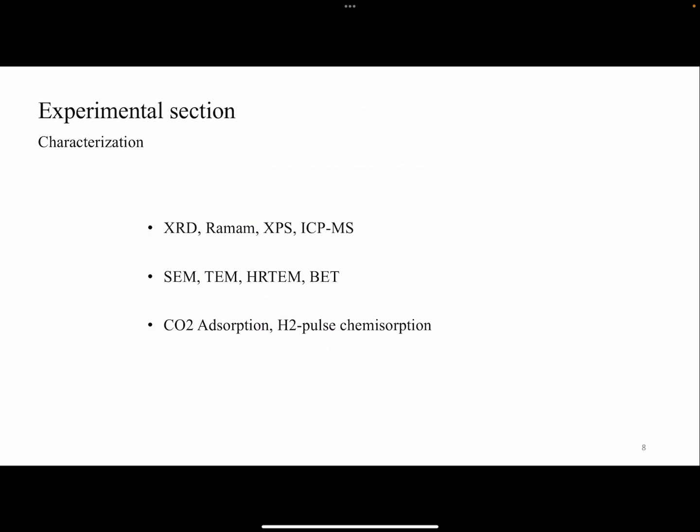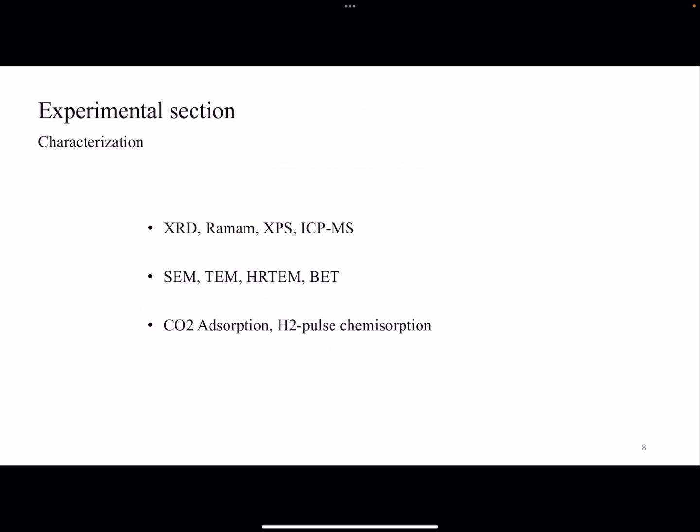And to verify our results, we employed comprehensive characterization techniques. We first use XRD and Raman to examine the crystalline structure and carbon defects, and SEM and HRTEM to see the morphology and confirm that cobalt was dispersed correctly within the nitrogen-doped carbon skeleton.